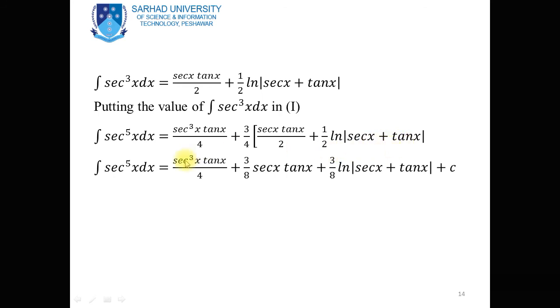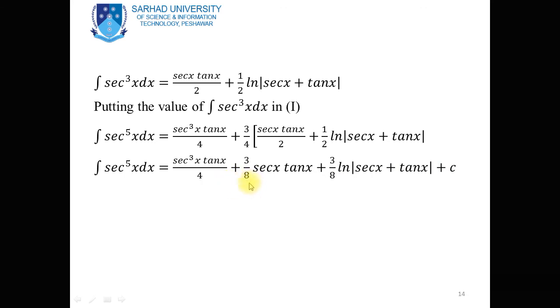So now we can write the integration of secant x power 5 with respect to x is equal to secant cube x into tangent x divided by 4 plus 3 by 8 into secant x tangent x plus, multiplying 3 by 4 with 1 over 2, 3 by 8 into natural log of secant x plus tangent x plus c. So this is the required result of the given problem.